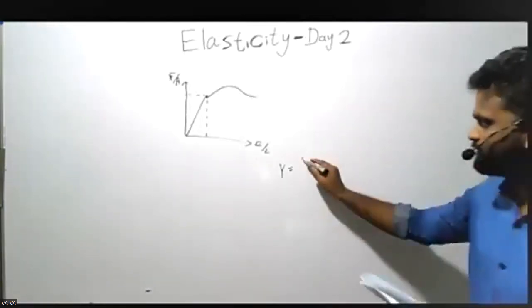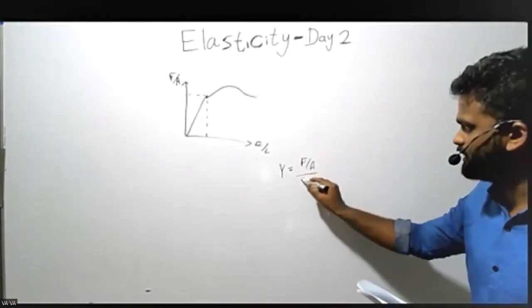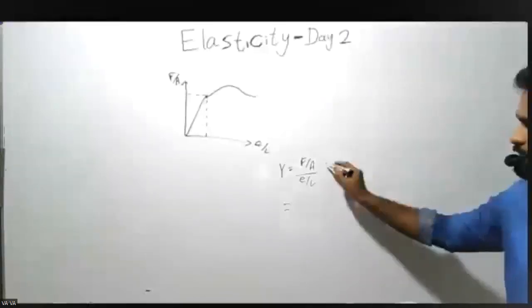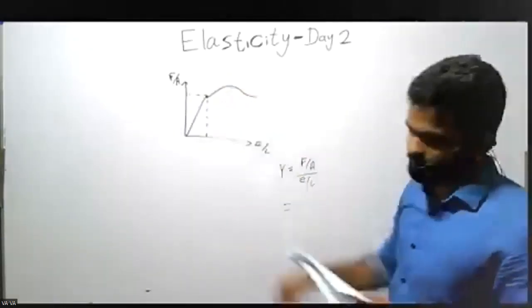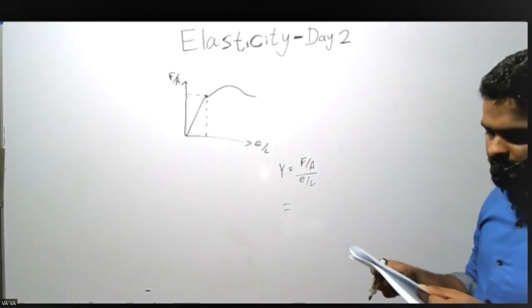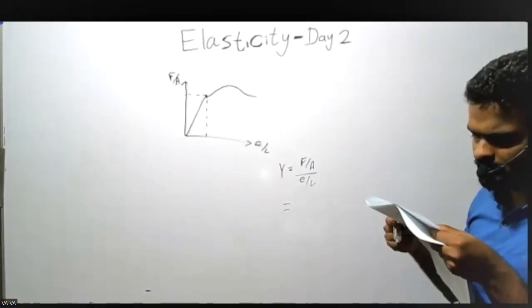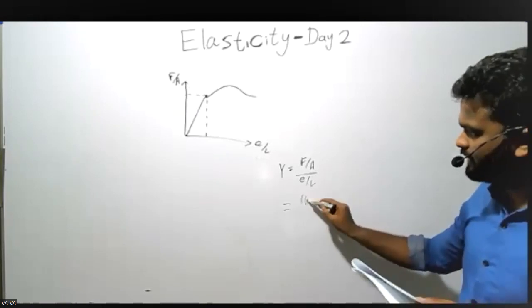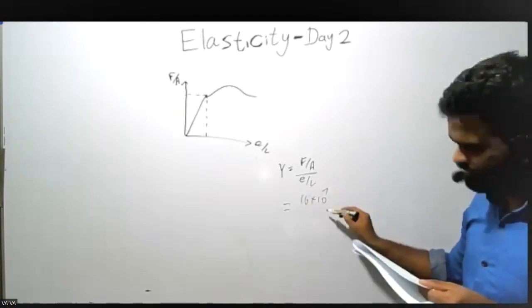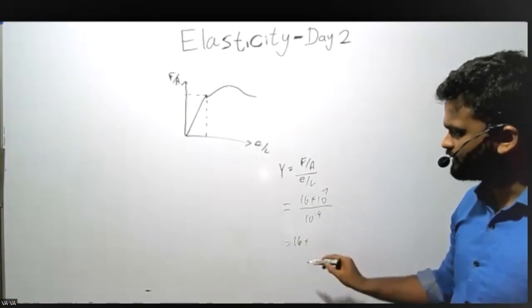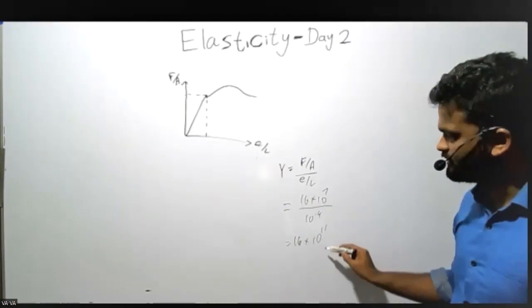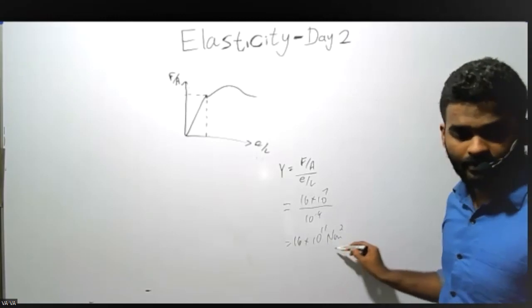So Young's modulus is actually stress divided by strain. These values are given, stress and strain. 16 times 10 to the power 7 divided by strain, which is 10 to the power minus 4. So the answer should be 16 times 10 to the power 11 newtons per square meter.